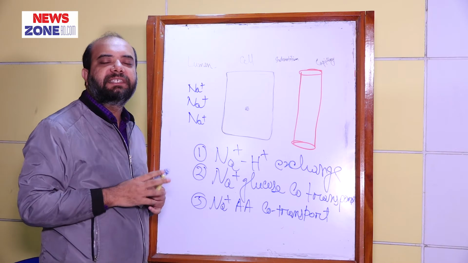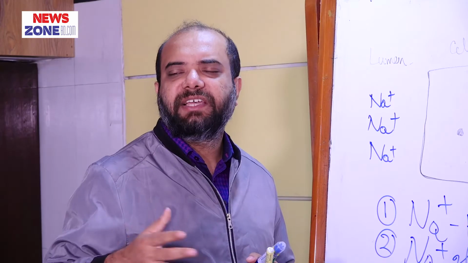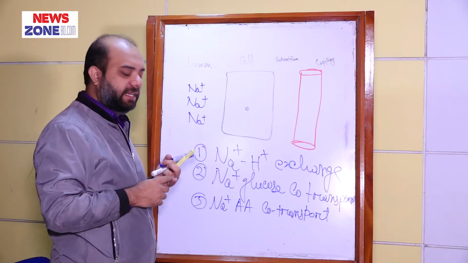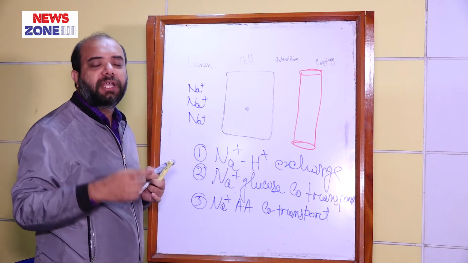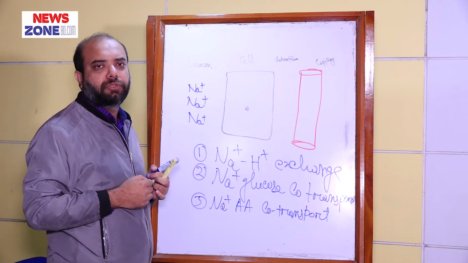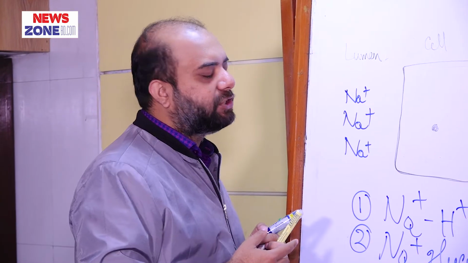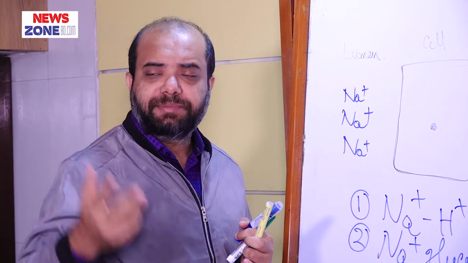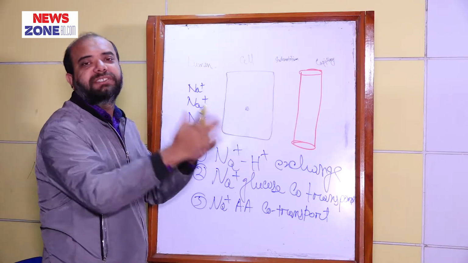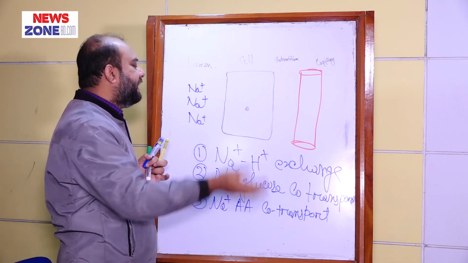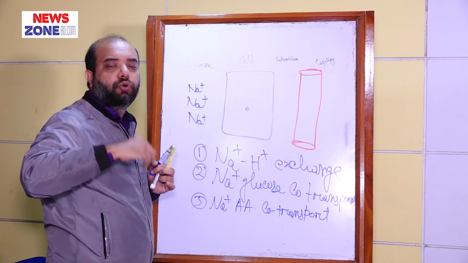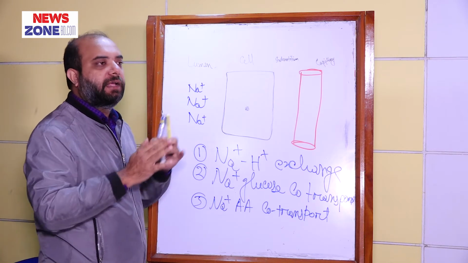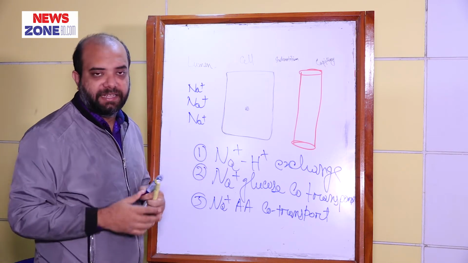And we can classify the secondary active transport into another 2 categories. The first one is co-transport, and the second one is counter transport. By means of co-transport, 2 or 3 molecules or substances go in the same direction, and in counter transport 2 or 3 molecules or substances travel against one another.